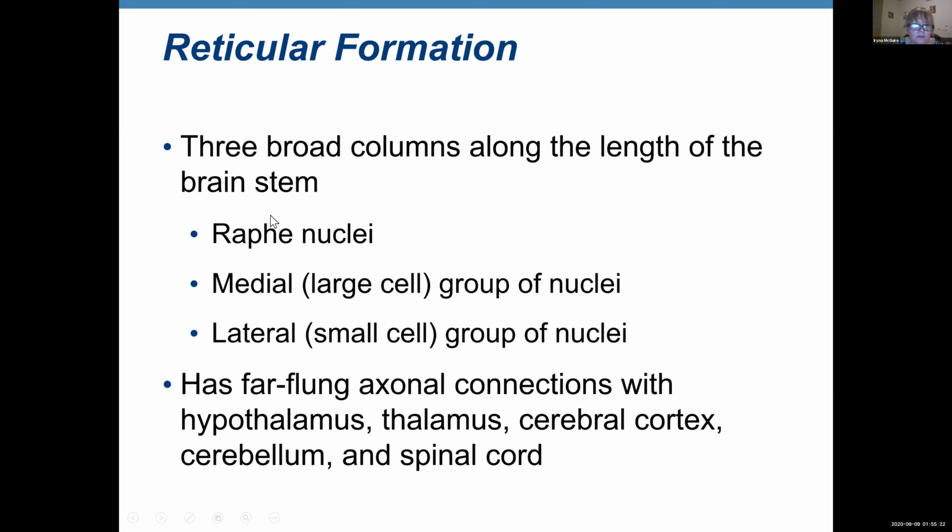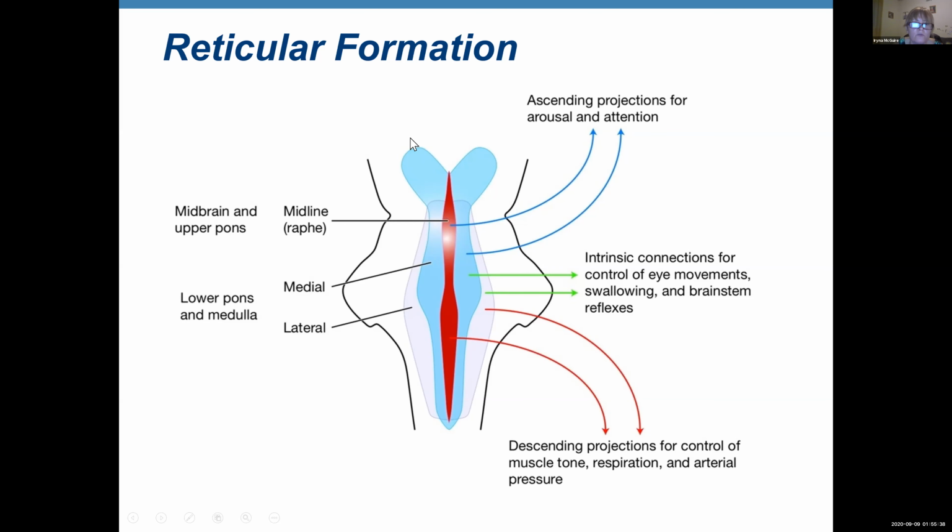So we have a group of nuclei. Remember, nuclei are gray matter. So we have this midline nucleus, we have medial nucleus and lateral nucleus. Right, so that's just neurons and dendrites that form this gray matter in your brainstem, called the reticular formation.